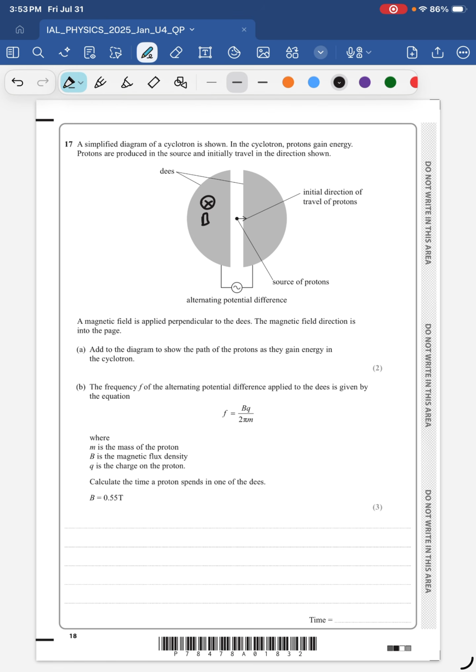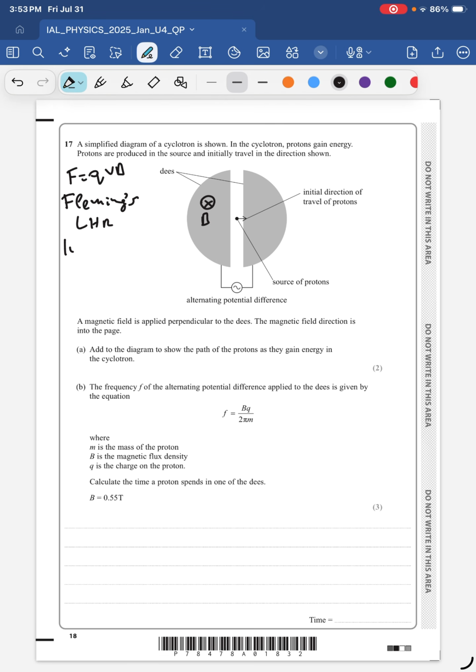Question A. Add to the diagram to show the path of the protons as they gain energy in the cyclotron. So you have to show the path pretty much. We have to apply QVB, so we have to apply Fleming's left hand rule.